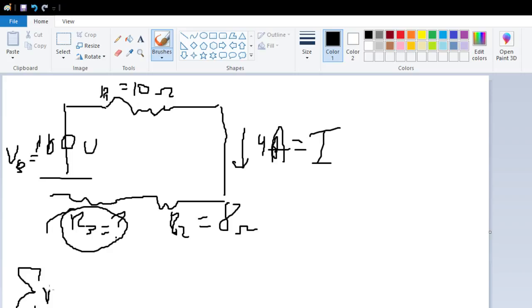You're going to have the voltage of the battery minus the current I times the first resistor R1, minus the current times resistor 2, minus the current times resistor 3, and that should equal 0.